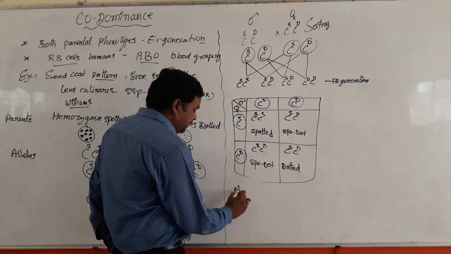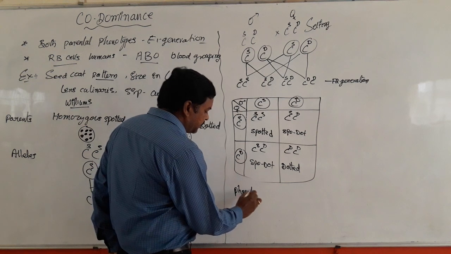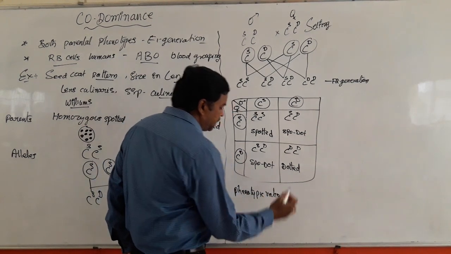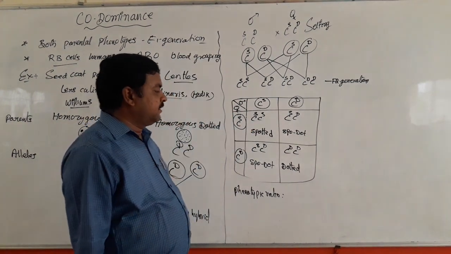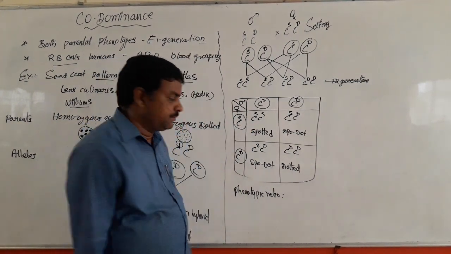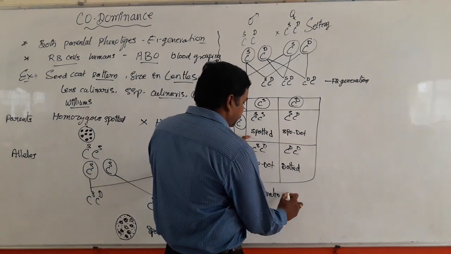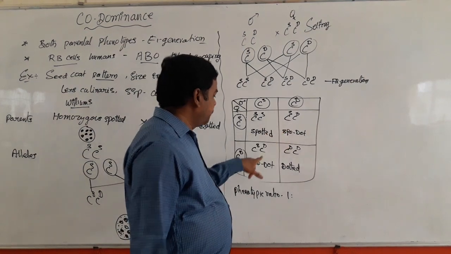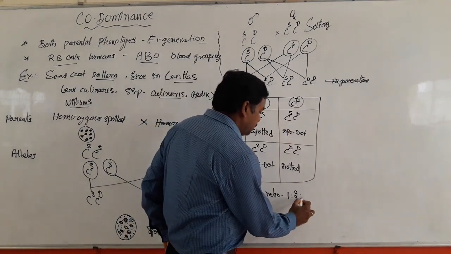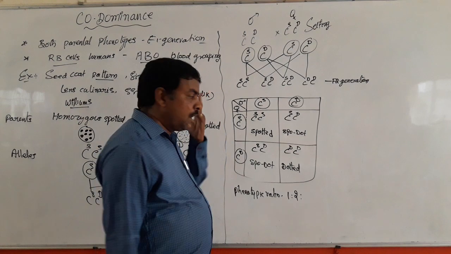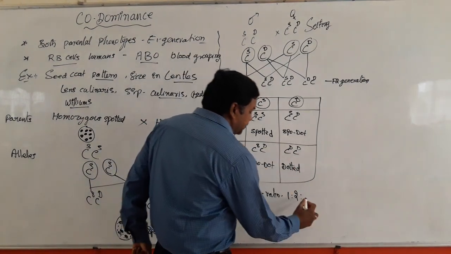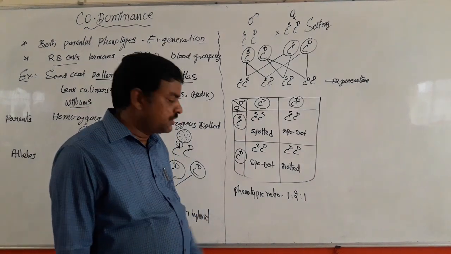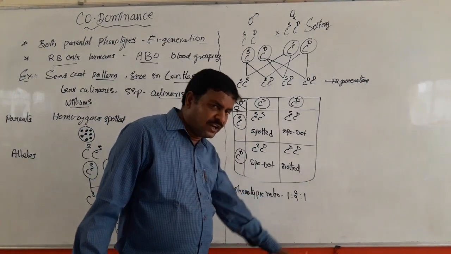Now, the phenotypic ratio. How many phenotypes are there? There are a total of 3 phenotypes. One is spotted, two plants are spotted and dotted, and only one is dotted. Phenotypic ratio in codominance is 1:2:1.